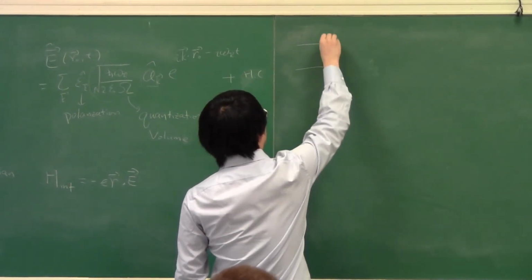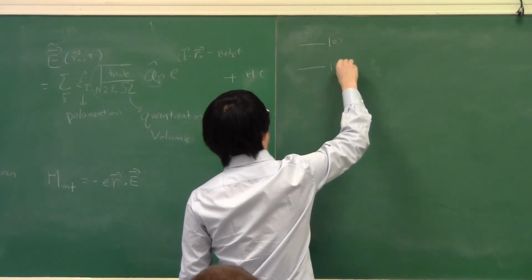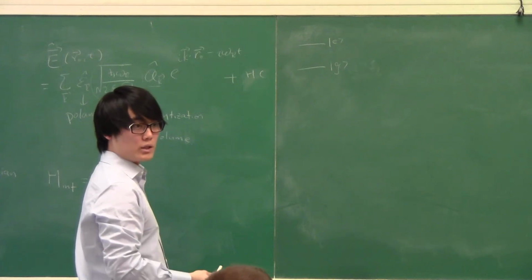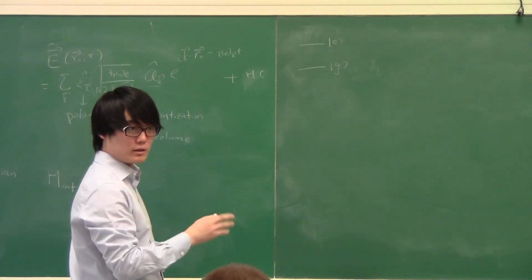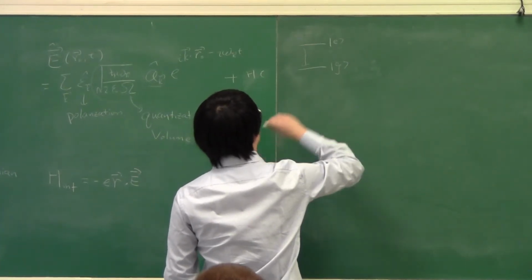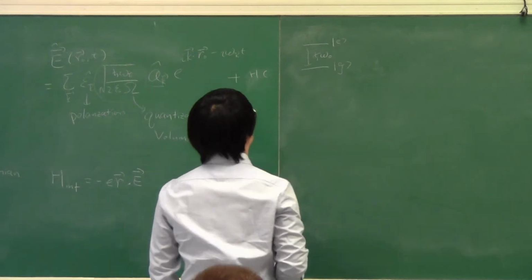I'm going to call the upper level the excited state and the lower level the ground state. The ground state is not actually the ground state of the atom, but just the lowest energy state that's relevant in whatever experiment you're doing. And there's some transition frequency, which I'm going to call ħω naught.